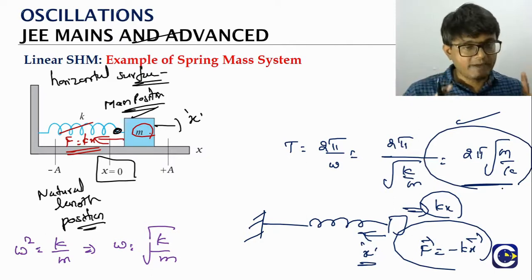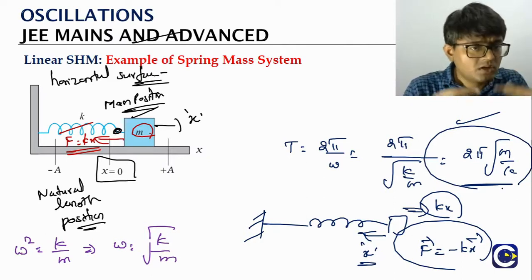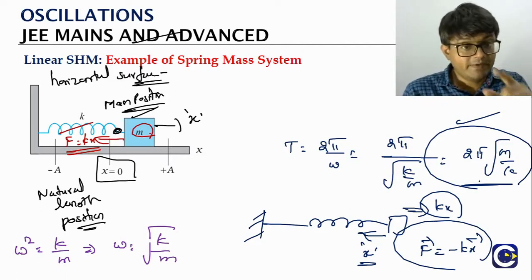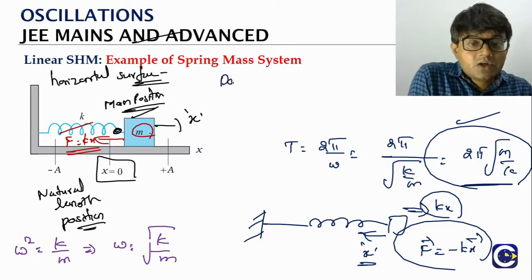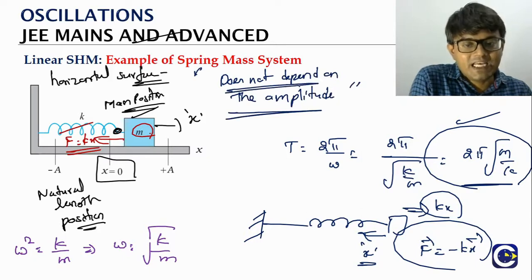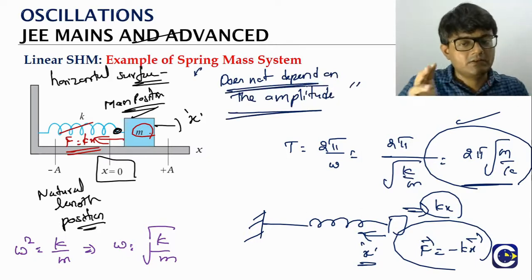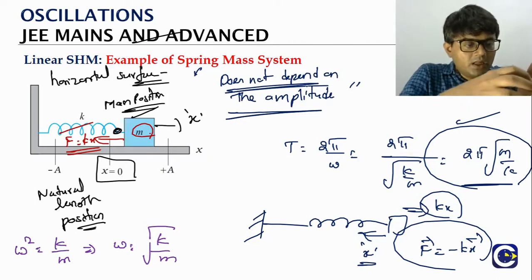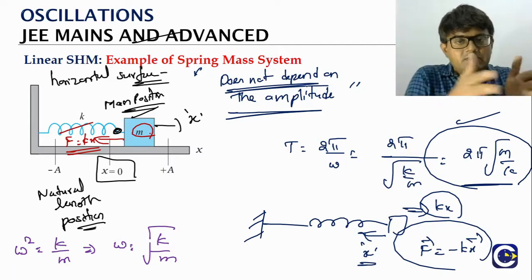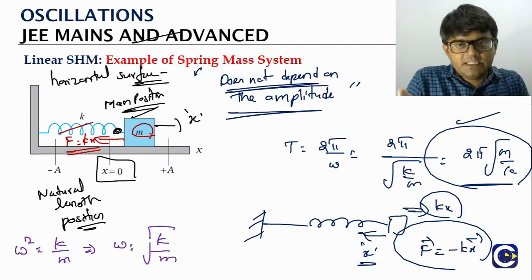One thing that we need to keep in mind, not just here, in the other SHM examples also, we will keep reiterating it. Look at the period value of these oscillations, it does not depend on the amplitude. It's not like we'll get these kinds of questions at JEE level, but it's a very interesting theoretical question, like how much elongation we give initially and release it, that is the maximum displacement that the block can have from the mean position.